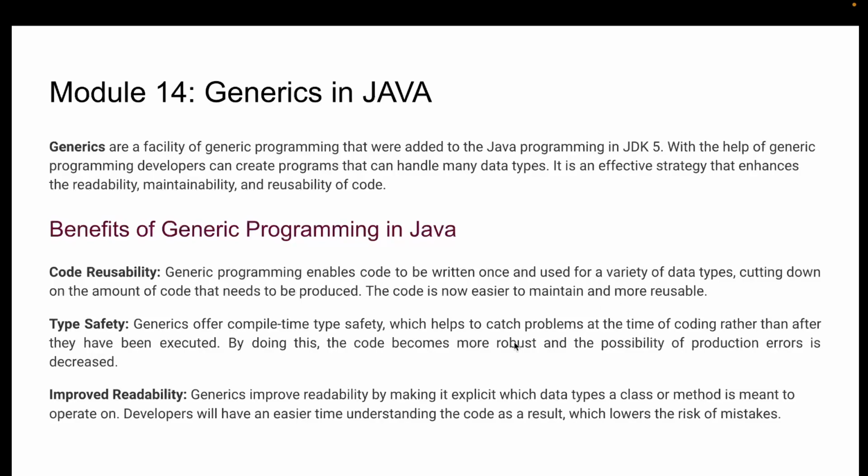Now the next advantage is type safety. Generics offer compile time safety, which helps to catch problems at the time of coding rather than after they have been executed. During compile time only you will be able to get any errors if you are using Java generics, and by doing this, the code becomes more robust and the possibility of production errors is decreased.